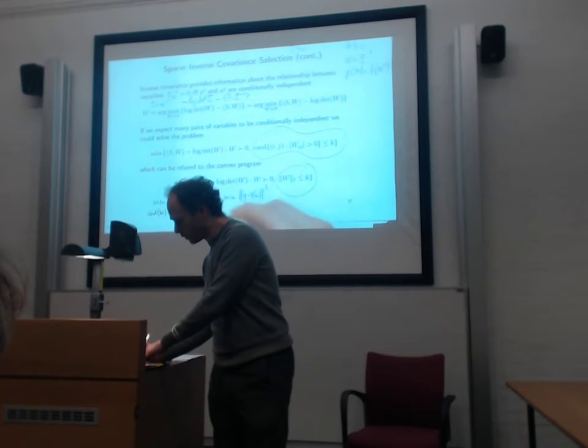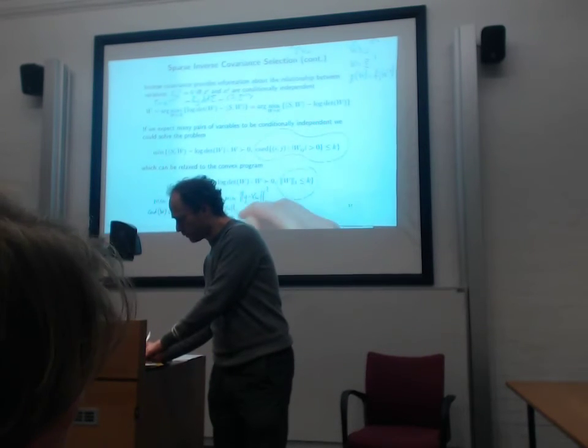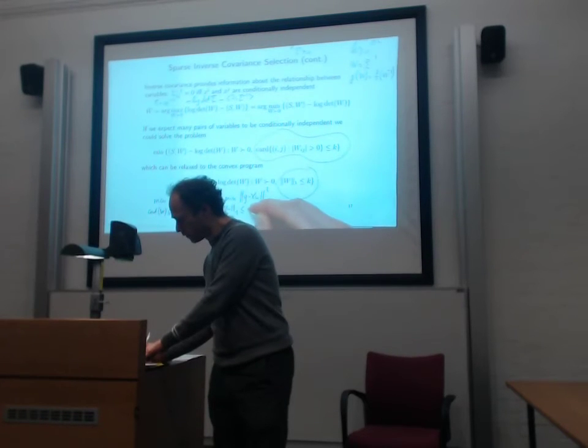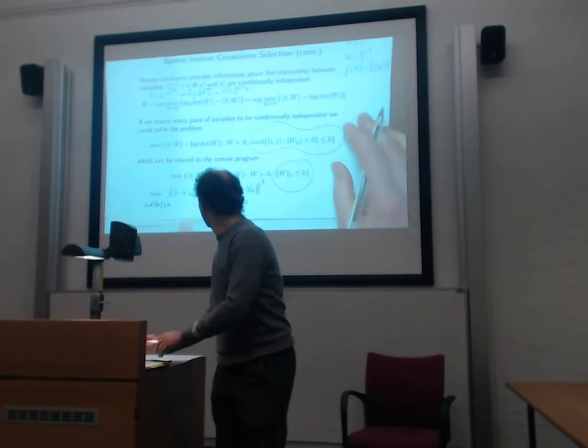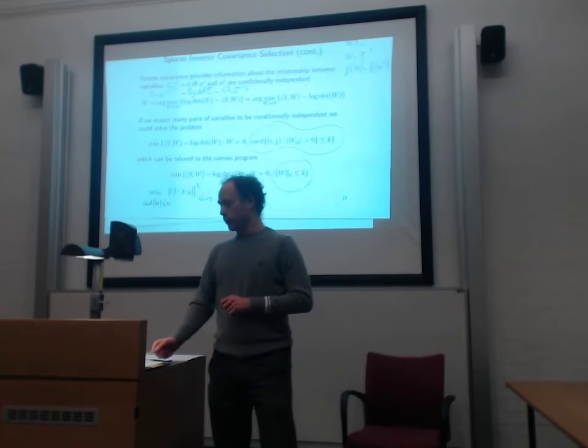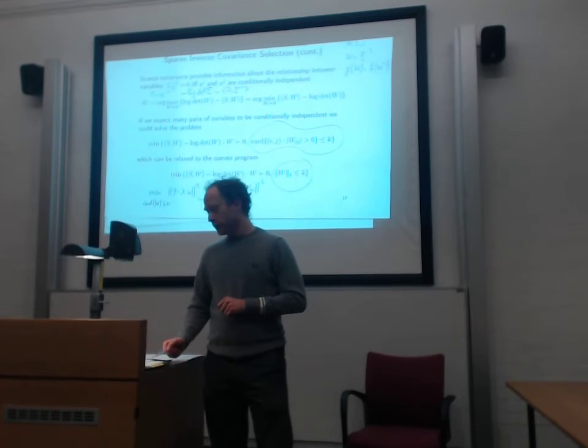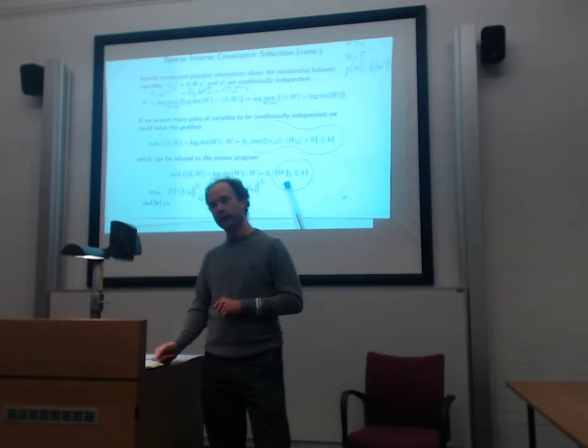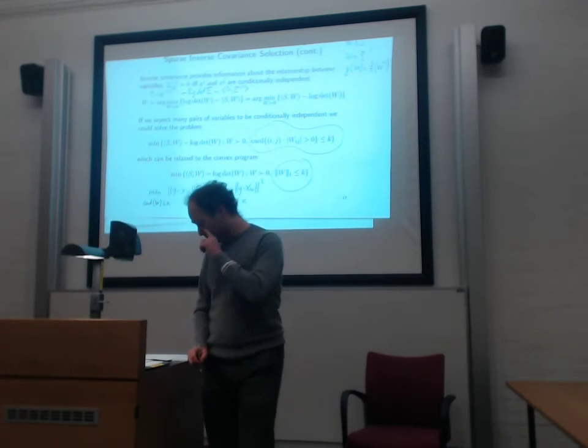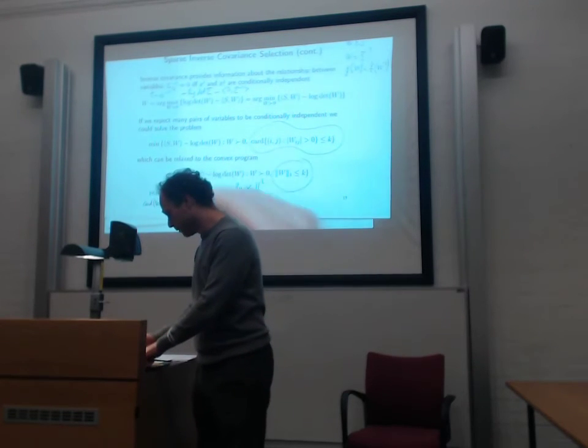Then you consider this problem, with the L1 norm less or equal to k. These two problems are equivalent under some conditions, and the same I do here. I take the L1 norm of the matrix elements. So this is the problem that I want to study.